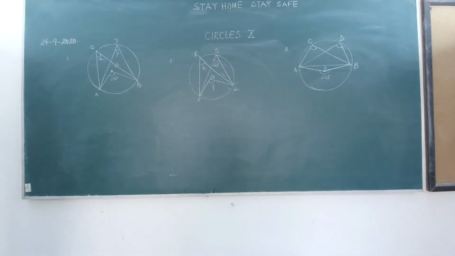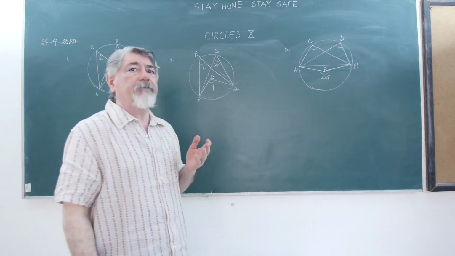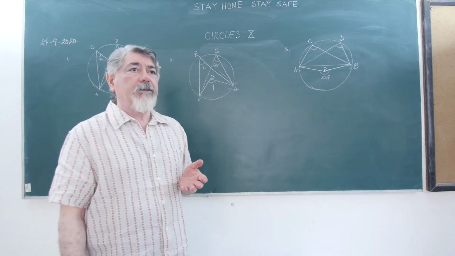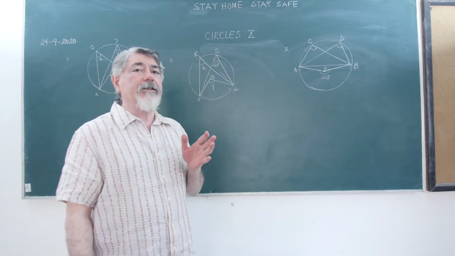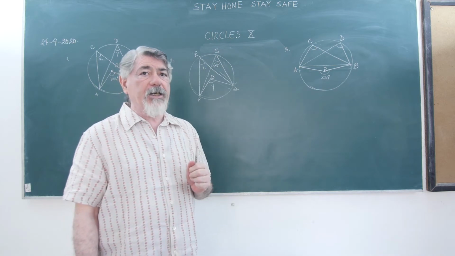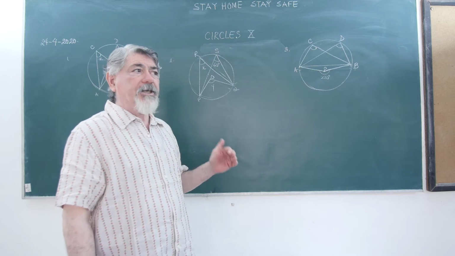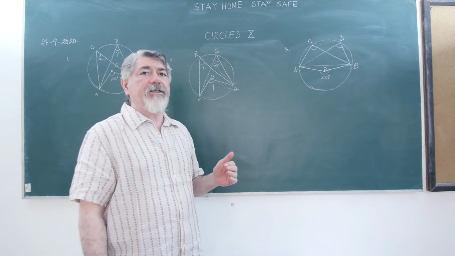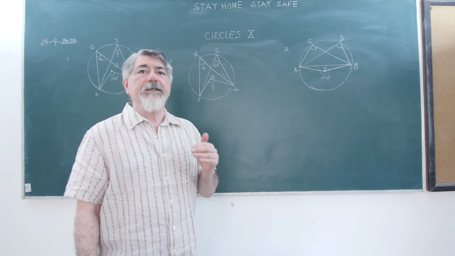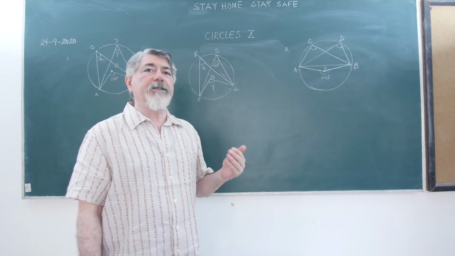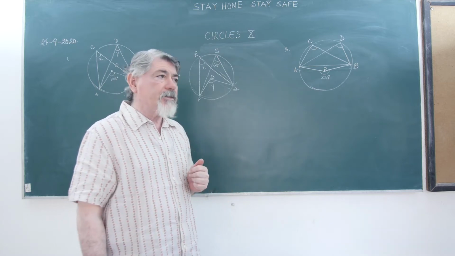Okay, now we are going to do some problems based on the theorem which we did just now. The theorem was that angles in the same segment of a circle are equal. We had proved the theorem based on the fact that the angle subtended at the center of a circle is double the angle which it subtends at the remaining part of the circumference.